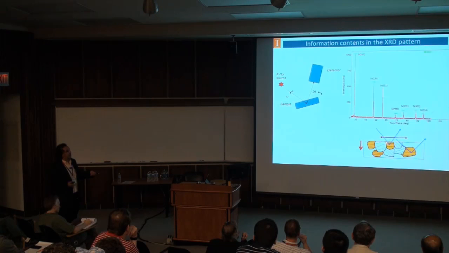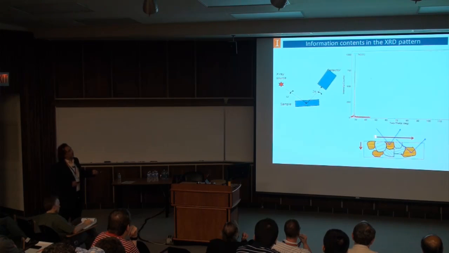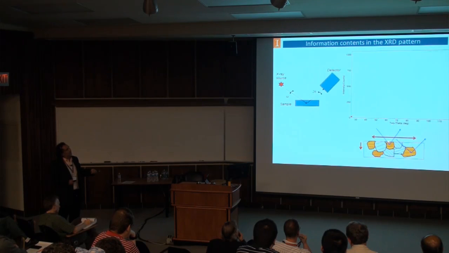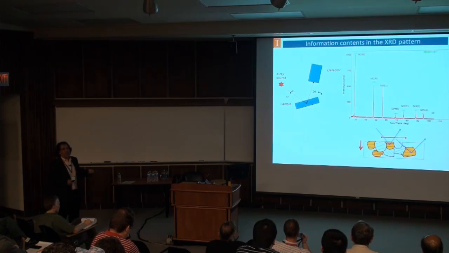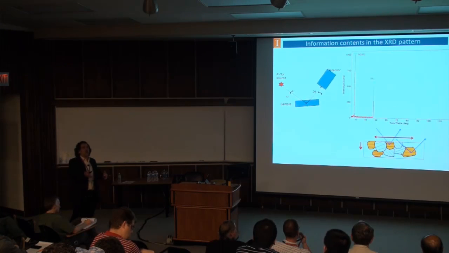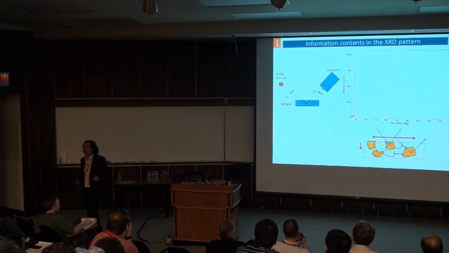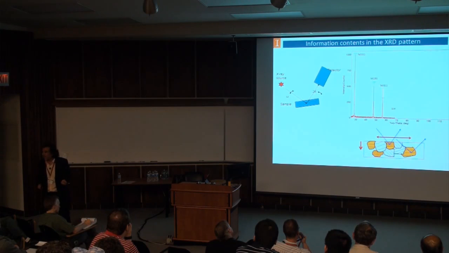You just pick up some of them. Another thing that's important, look, as I go to higher and higher angles, the lateral size is reducing, and you are going deeper as well. Keep in mind that if your sample is not constant or homogeneous in the whole volume, you may be picking up different information as you go to different angles.